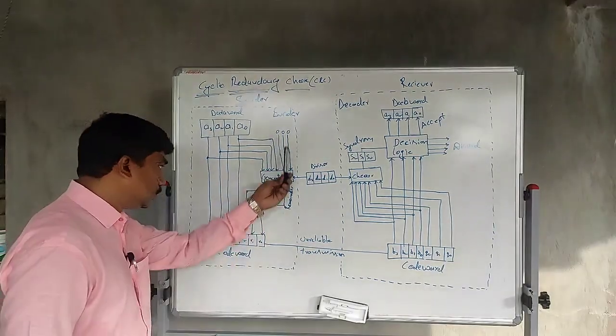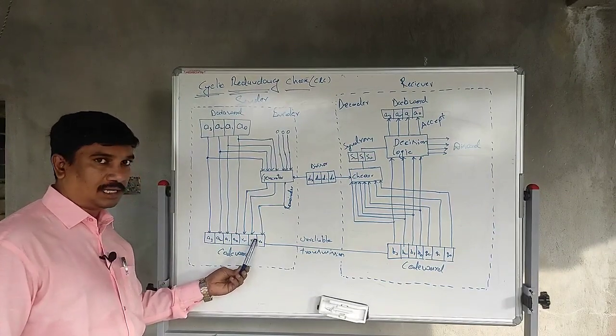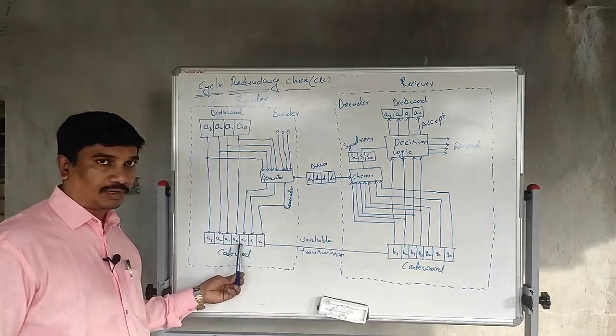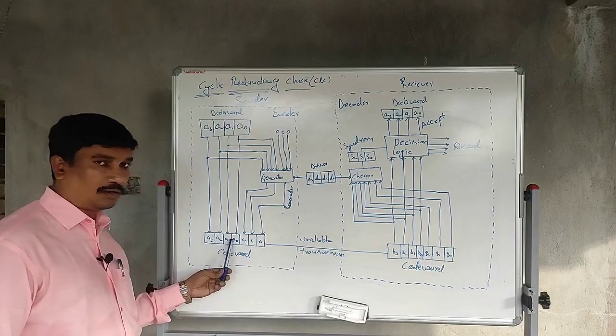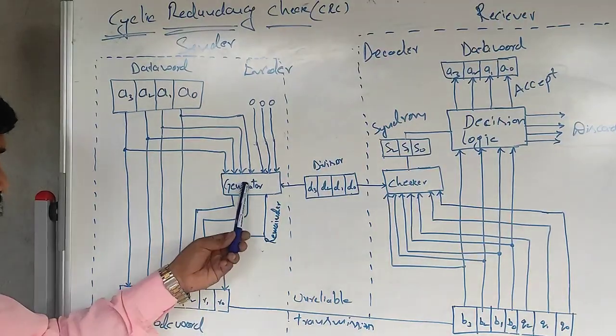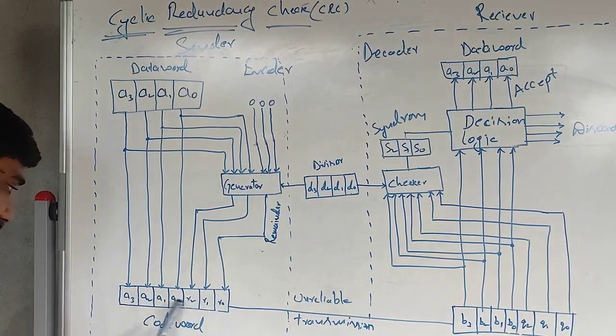Finally, this is called the code word. A code word is a combination of data word plus redundancy bits. A3, A2, A1, A0 are the data word, and R0, R1, R2 are the redundancy bits. After the generator generates these 3 bits, finally this is the code word.